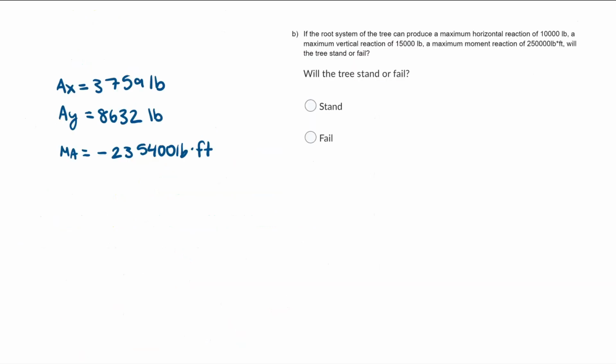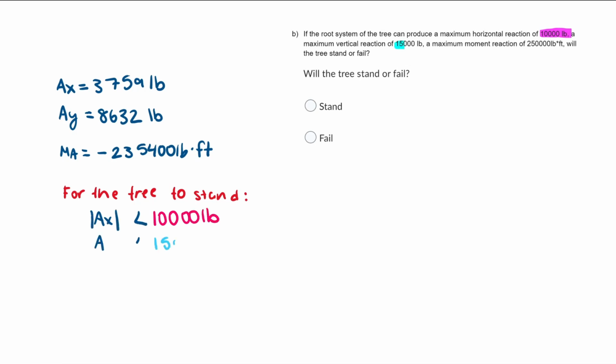And finally, for part B, we are given these maximum reaction forces that the root system of the tree can produce. We need to find out whether the tree will stand or fail. So, for the tree to stand, these conditions must be true. Our reactions that we found must be less than all of the maximum reactions we are given in the question for the tree to be able to stand.